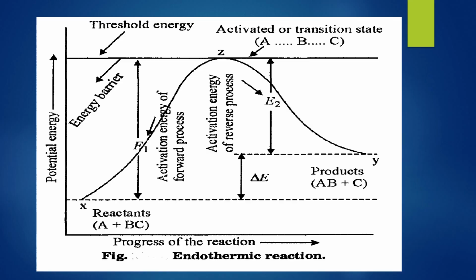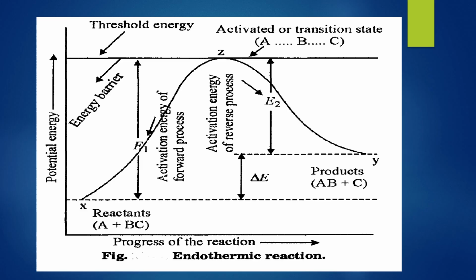If you see this diagram, the difference in energy of the molecules in the original state and the state Z is represented as the energy barrier, known as the activation energy required for the forward process of A plus BC converting into AB and C. So once this is obtained, it may happen in two ways.